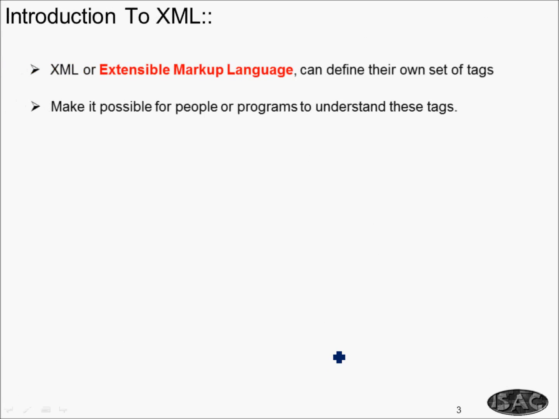Now, let us have an introduction to XML in a little more formal way. As I said, it is an extensible markup language, and you can define your own set of tags. What that means is, if you know a little bit about HTML, HTML has a few tags.